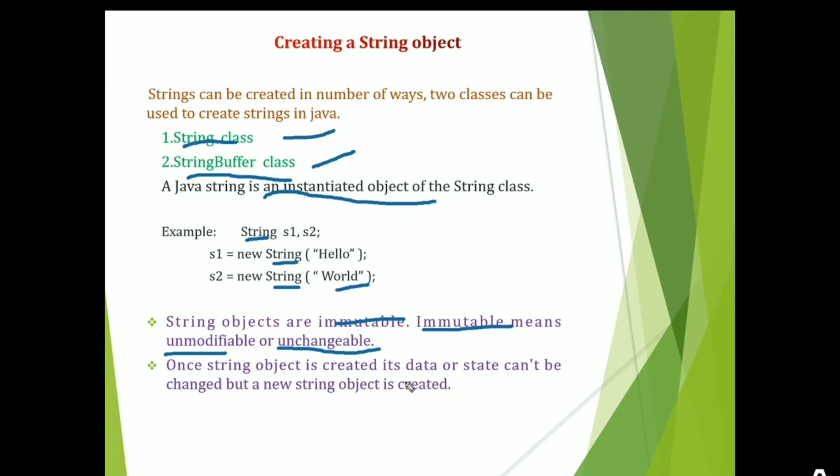Okay, once the object is created, its data or state cannot be changed. Data cannot be changed, and the state cannot be changed. This is the concept of the String class.